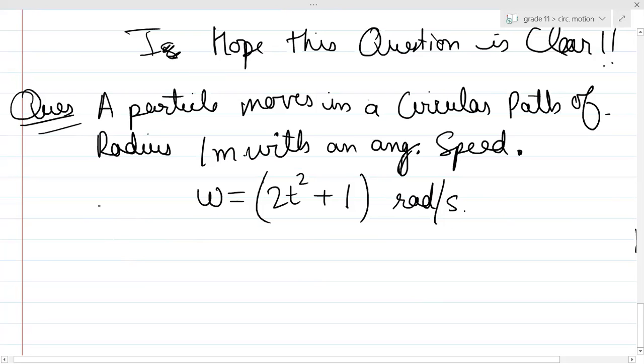Main ek instance tumko batata hoon. When I was in Catalyst in Nashik, it was Saturday morning. And what happens on Saturday in Nashik is that the electricity is not there from morning itself. From morning till evening, there is no electricity. I had 3 lectures in the morning and 3 lectures in the evening.